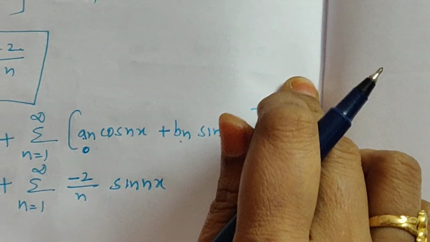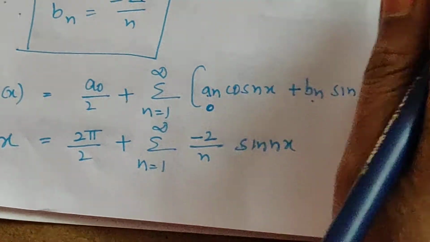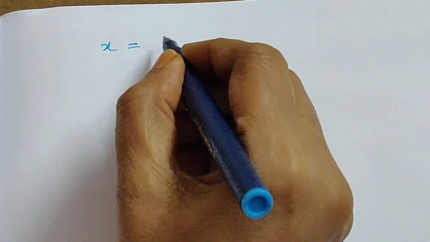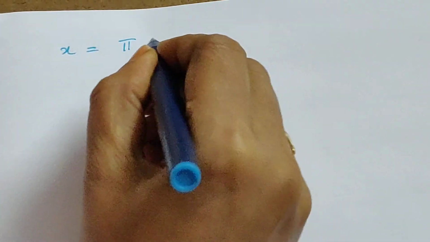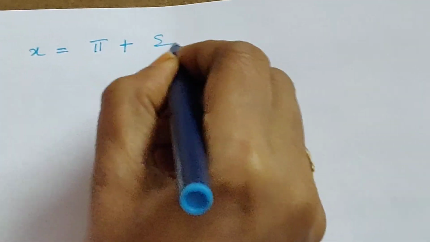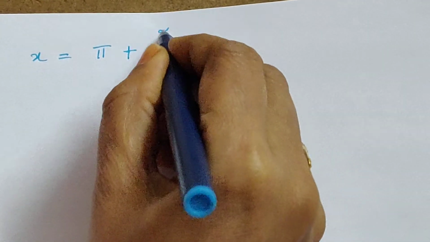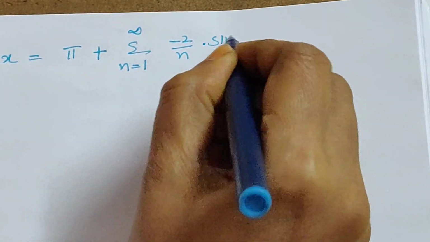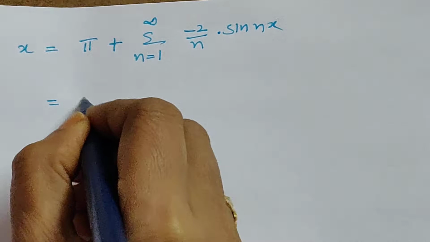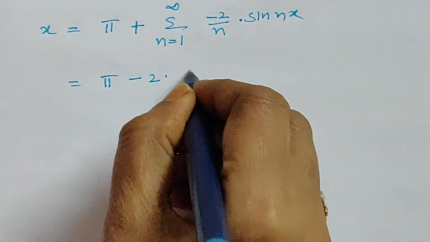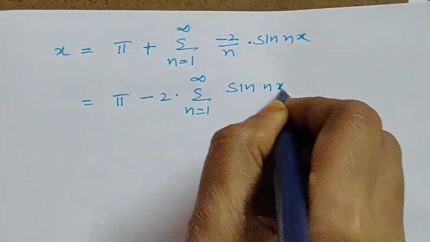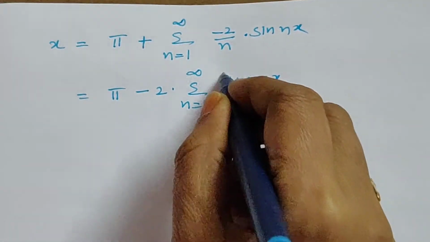So f of x means we know x. So the Fourier series expansion for the function x is given by π plus sigma n equal to 1 to infinity minus 2 by n sin nx, equal to simply minus 2 sigma n equal to 1 to infinity sin nx by n.